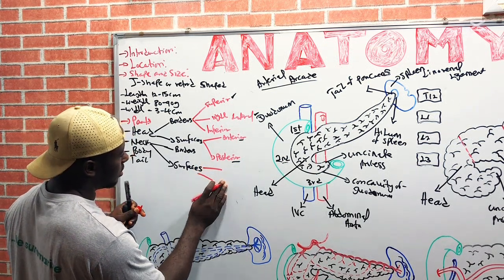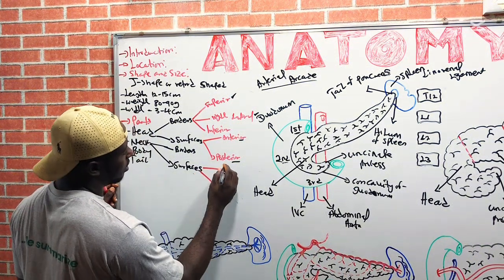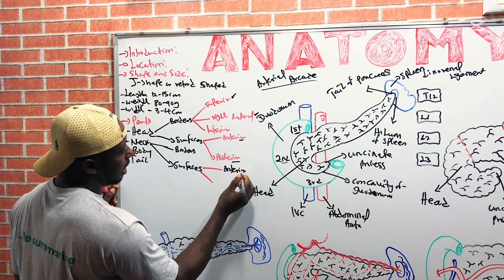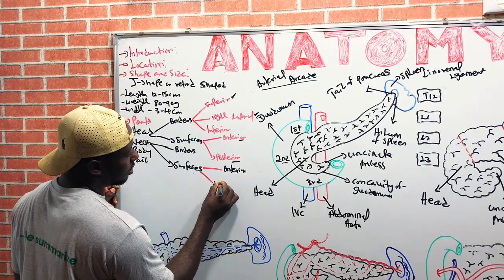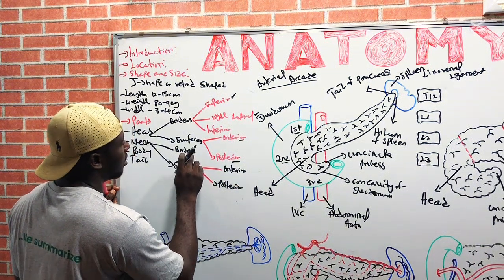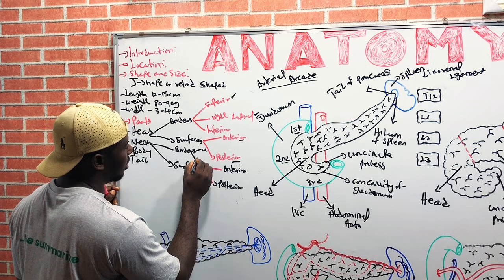It has an anterior surface, a posterior surface, and it has upper and lower borders.